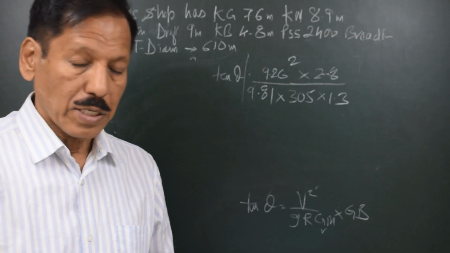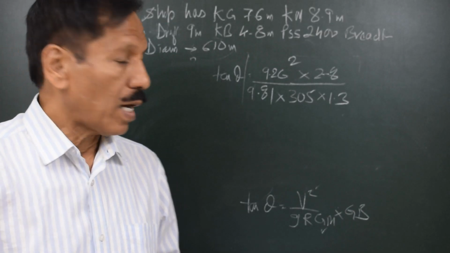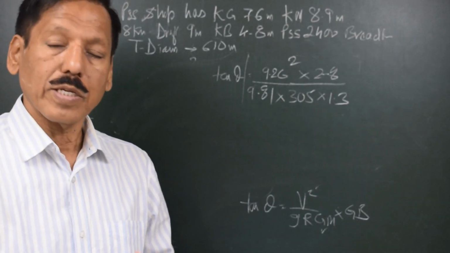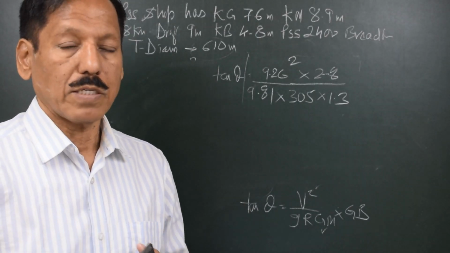So this is how we find out. If theta is more than 10 degrees, the ship does not satisfy the relevant criteria. If theta is less than 10 degrees, the passenger ship satisfies the criteria.